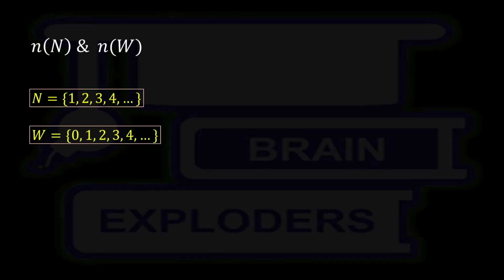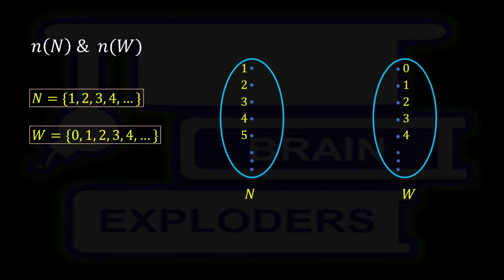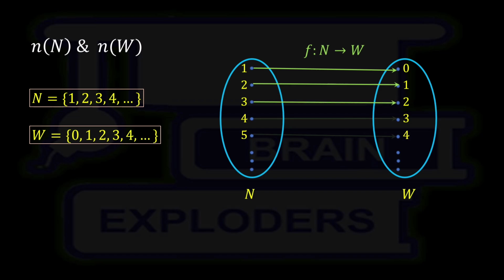Now with this concept, let us see that the cardinality of natural numbers is equal to the cardinality of whole numbers. Let us define a map from natural numbers to whole numbers which is 1 1. Join 1 to 0, 2 to 1, 3 to 2, 4 to 3, 5 to 4, and in this way define a map like f(n) = n - 1.